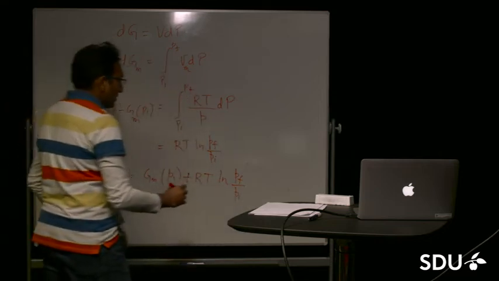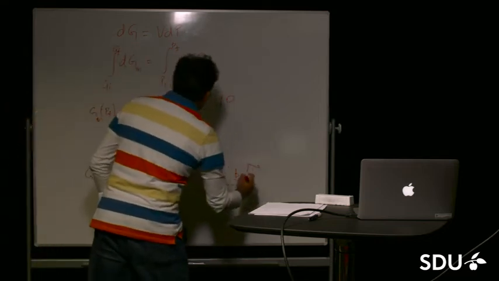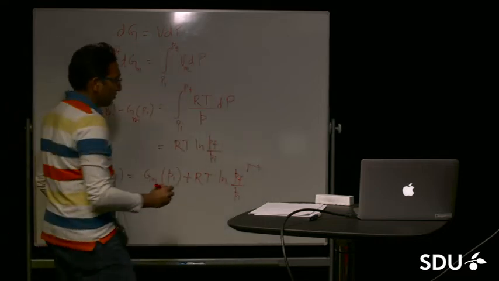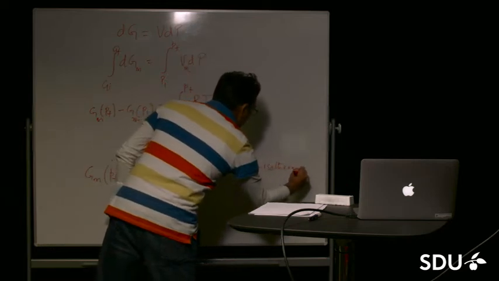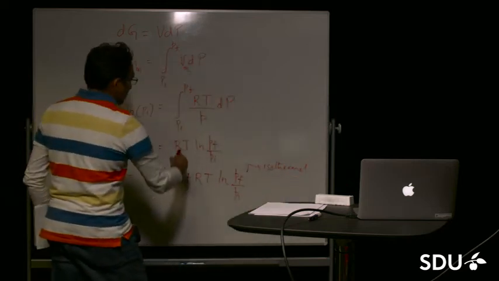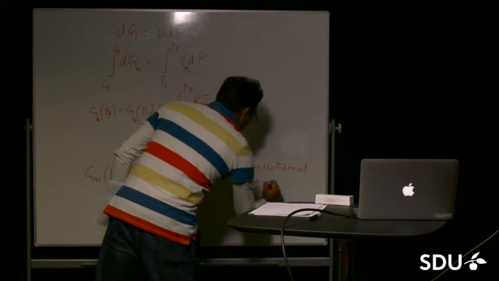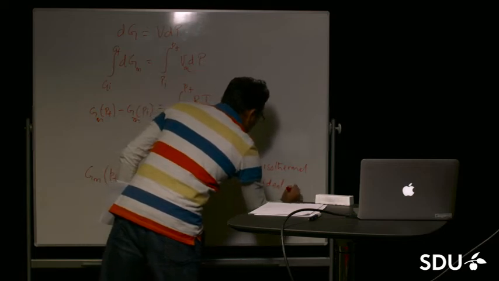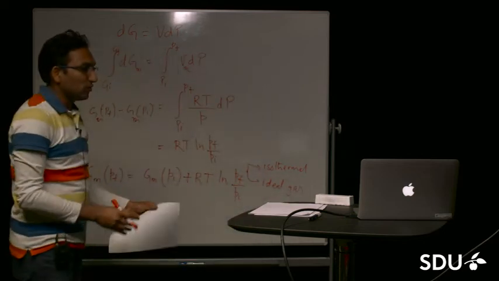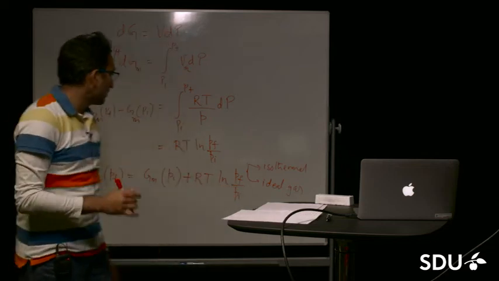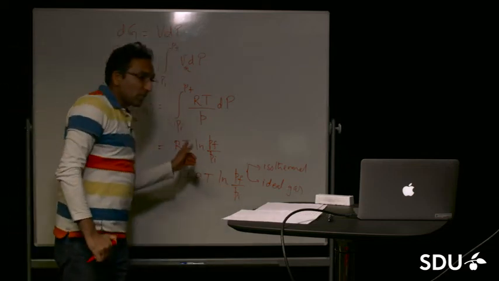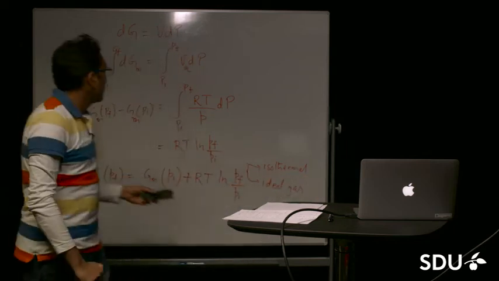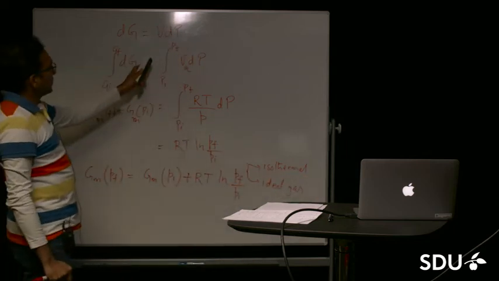Now this equation is true at constant temperature because we pull the temperature out, so it's true for an isothermal process, and it's also for an ideal gas. But it turns out that the equation is very similar even for liquids, as we will see later in some other lectures. Okay, so this is how the molar Gibbs energy changes with pressure.